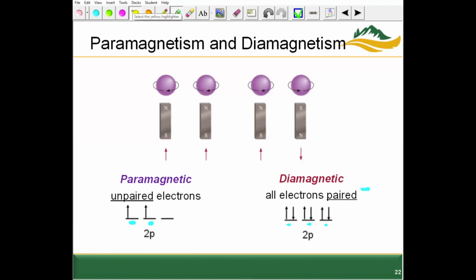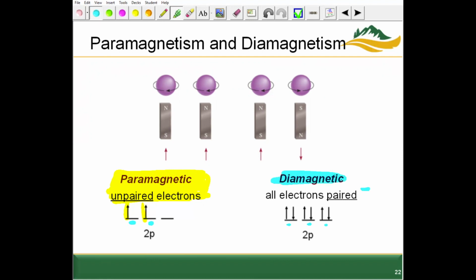Let's talk about these definitions then you should be familiar with. We can have paramagnetic. This is an unpaired set of electrons. If an element is paramagnetic, it has electrons that are unpaired. So paramagnetic, kind of the opposite that you might think. Paramagnetic, we have unpaired electrons.